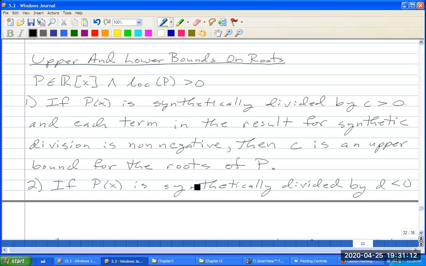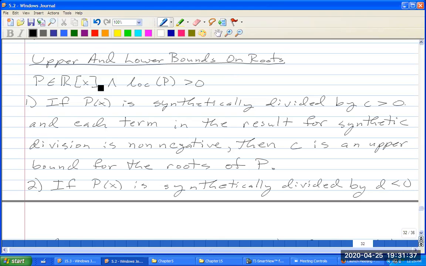Okay, so let me give you these bounds on these roots. Upper and lower bounds on roots. So these are further bounds, sort of estimates on roots. Let P be a polynomial with real coefficients, and let the leading coefficient be greater than 0.